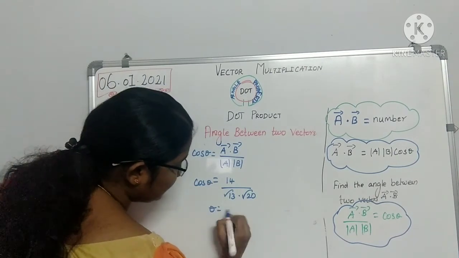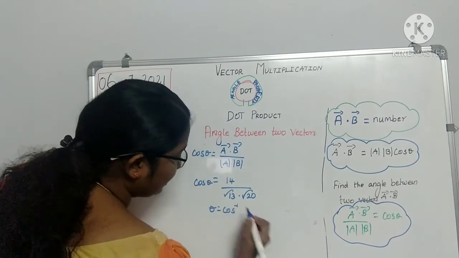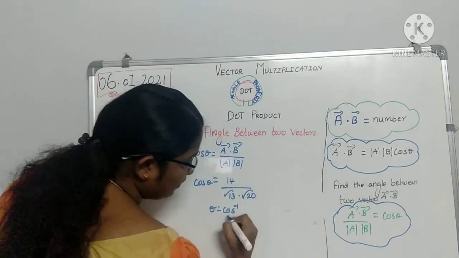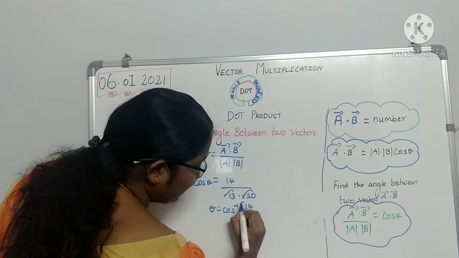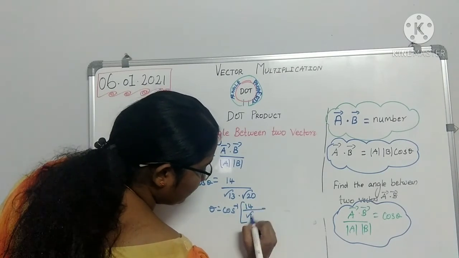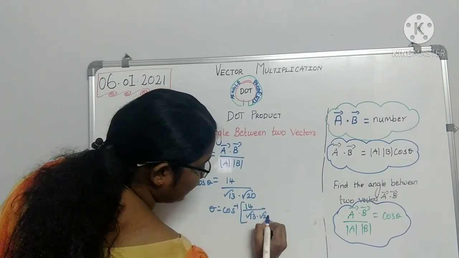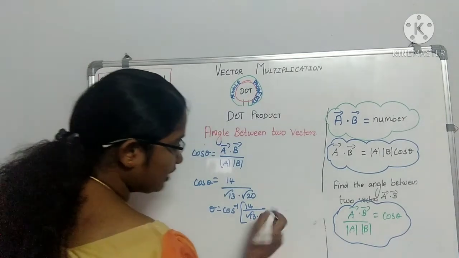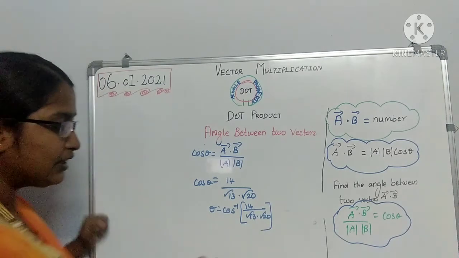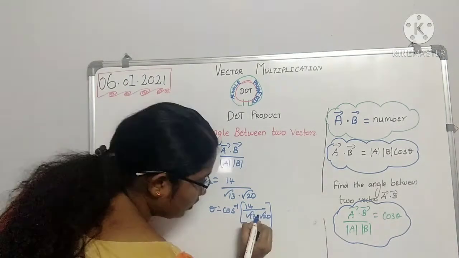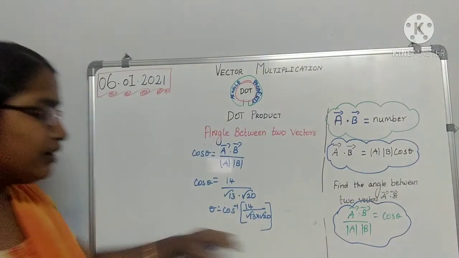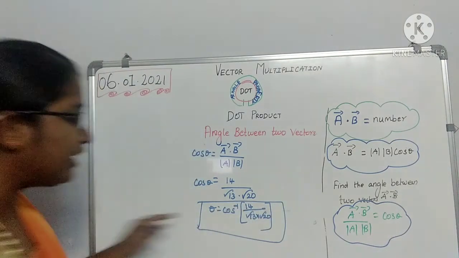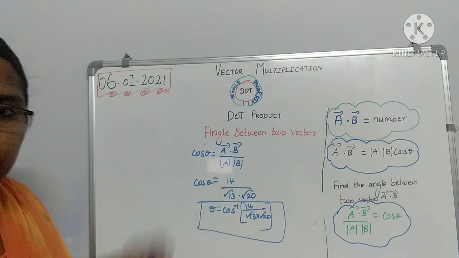If you want theta, you need to take the inverse, that is cos inverse of 14 divided by root 13 into root 20. So mod A is root 13 and mod B is root 20. You can simplify this or write it in this manner. So now you understood how to find theta?